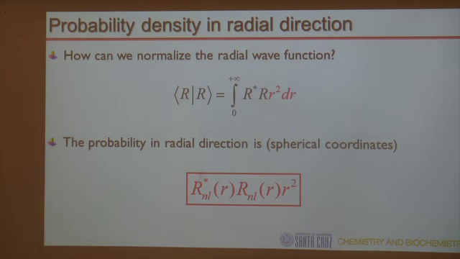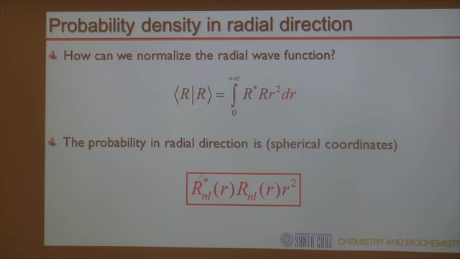So if you combine these two, in math it will tell you if one thing goes down and one thing goes up, you multiply the two functions together, you will have a maximum point somewhere. So we can predict actually for the 1s orbital, the probability density distribution looks like this.